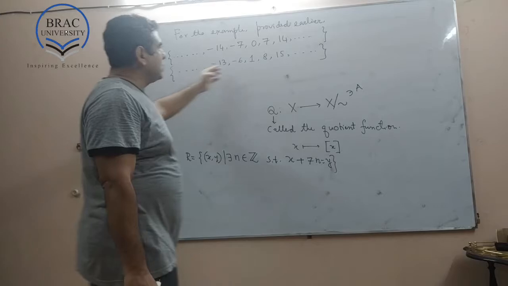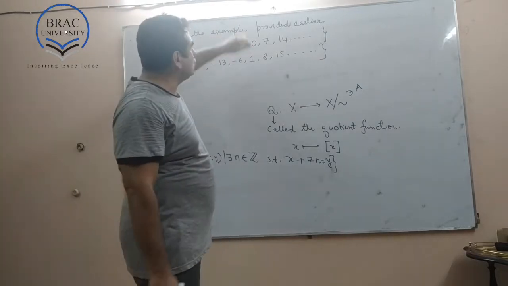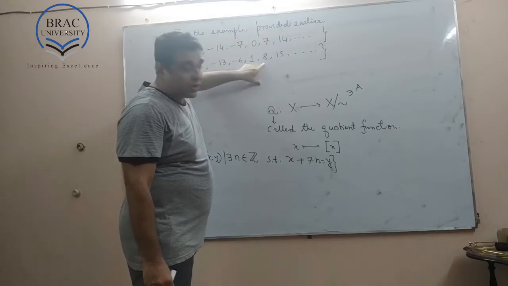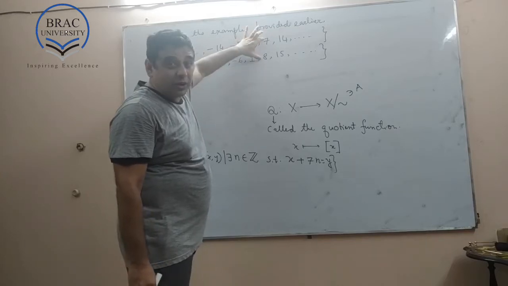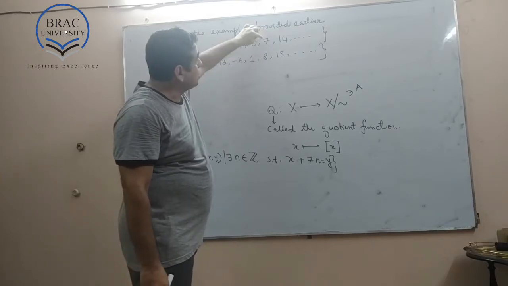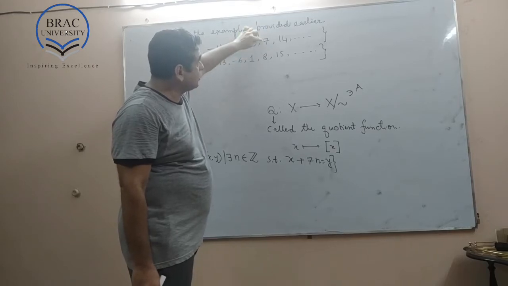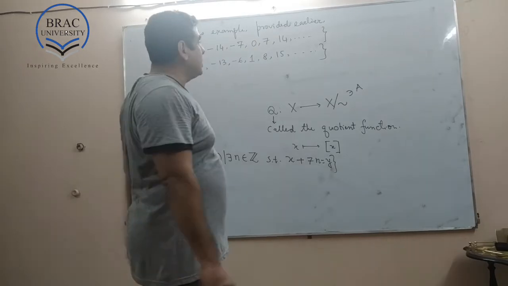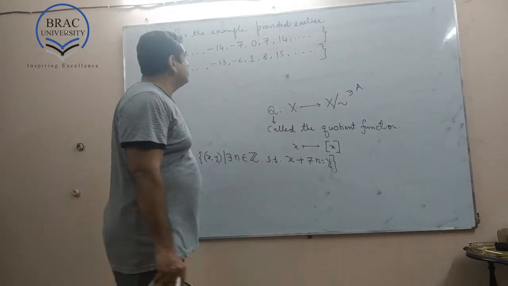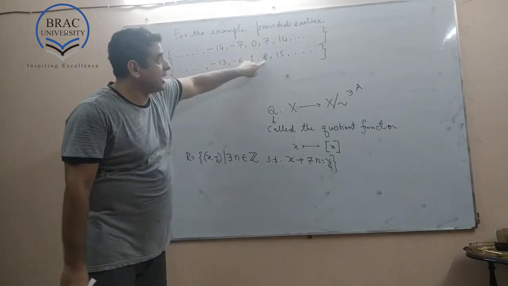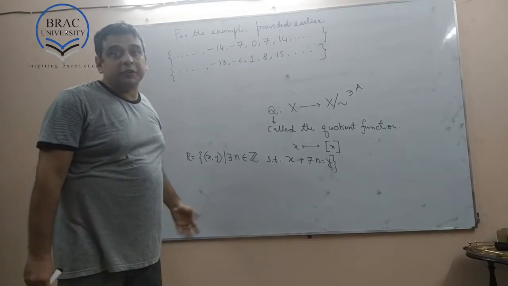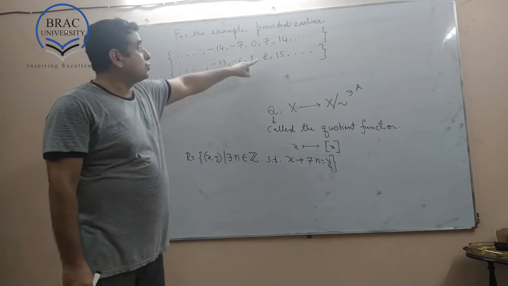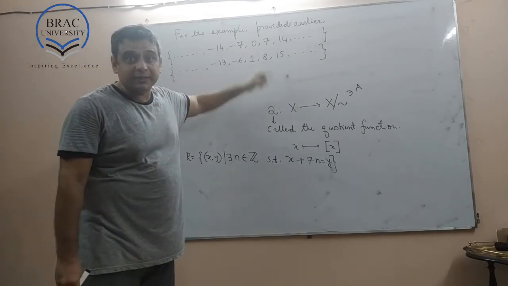So they form an equivalence class as well. But if you choose one element from here and one element from there, the difference is not divisible by 7, because the difference is 1 between 7 and 8. Or if you choose -7 and 8, the difference is 15, and 15 is not divisible by 7. So they don't belong to the same class.